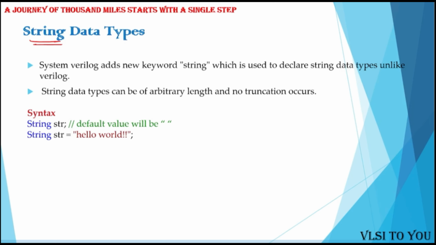But when you want to display some words or compare some characters, is there any data type for this? Yes, that is called the string data type. The keyword to declare it is string.